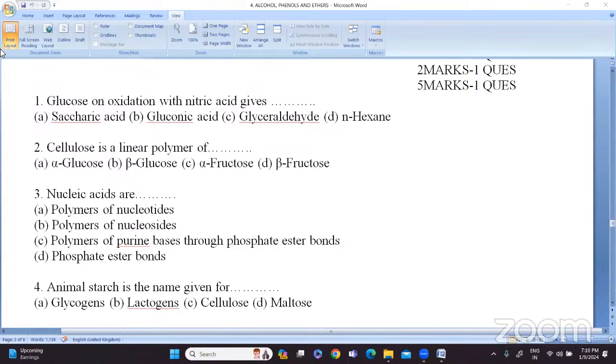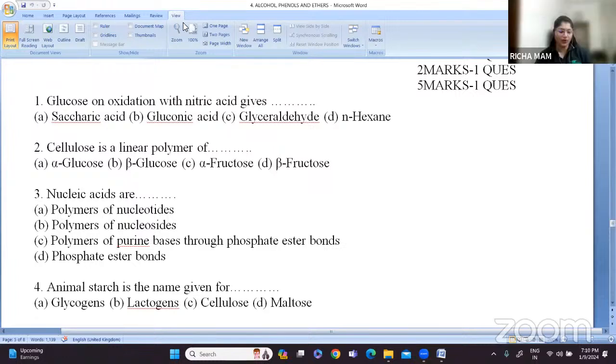Then the classification of carbohydrates and the types of carbohydrates are very important. Then structural elucidation of glucose, preparation of glucose, and the cyclic structure of glucose are very important.